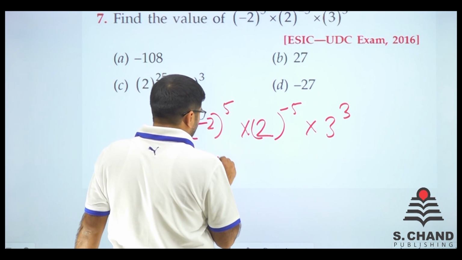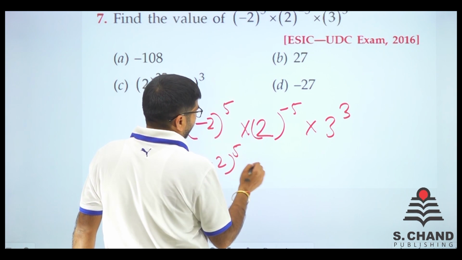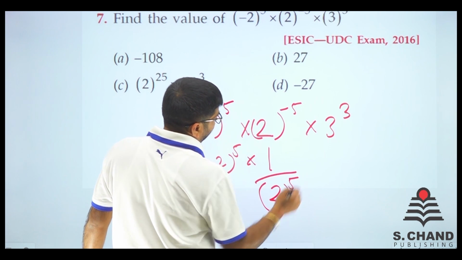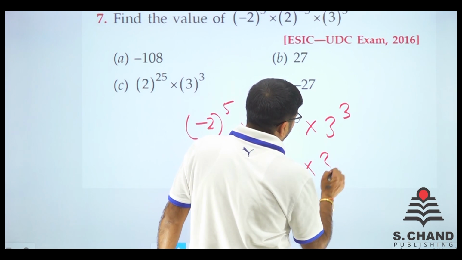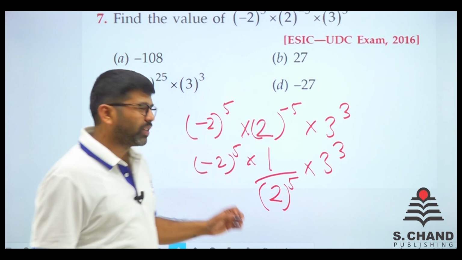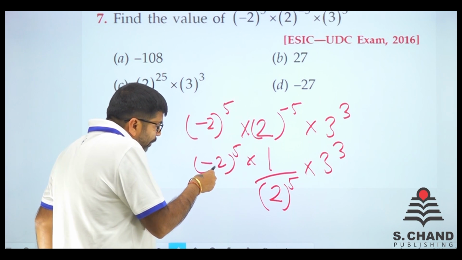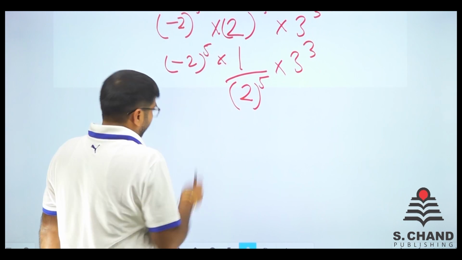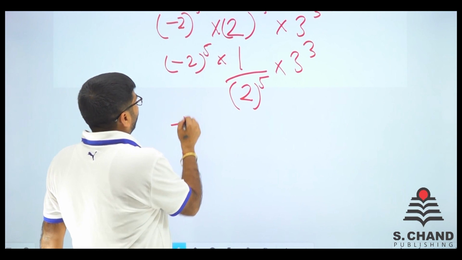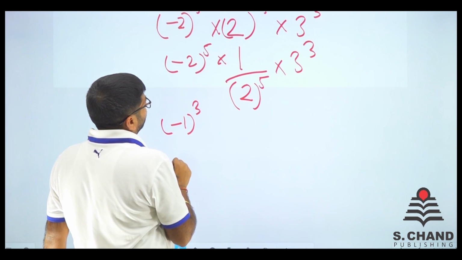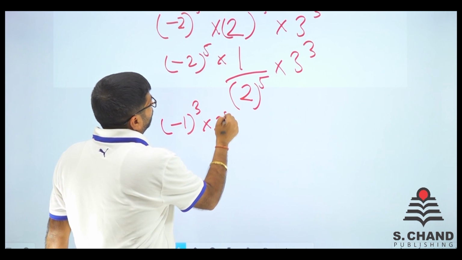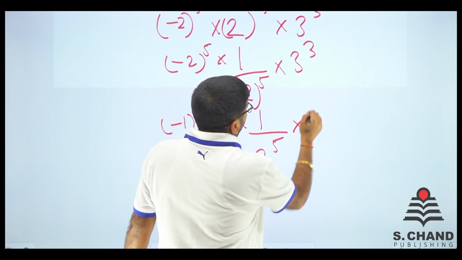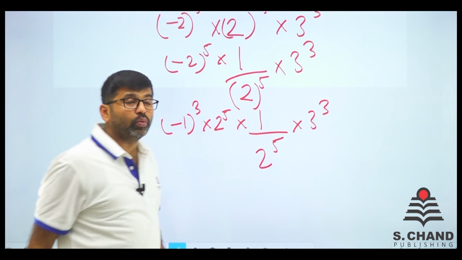So minus 2 raised to power 5 into 1 upon 2 raised to power 5 into 3 ka cube, right? I'll do just one thing. If I put that minus outside, how can I do that? Let's check. If I put minus 1 ka cube into 2 raised to power 5 into 1 upon 2 raised to power 5 into 3 ka cube, how did I do that?